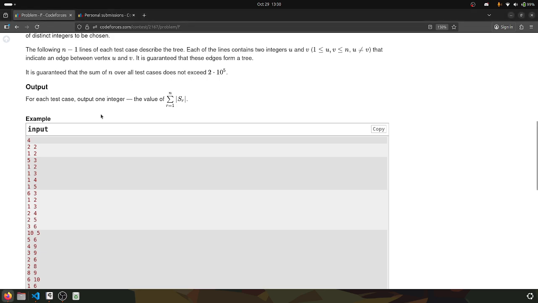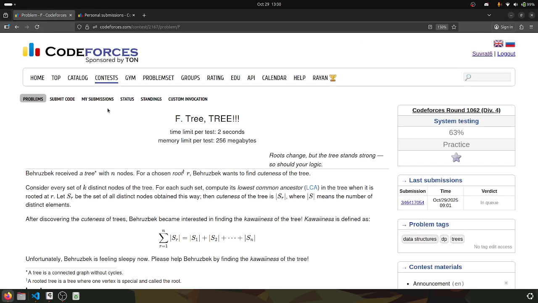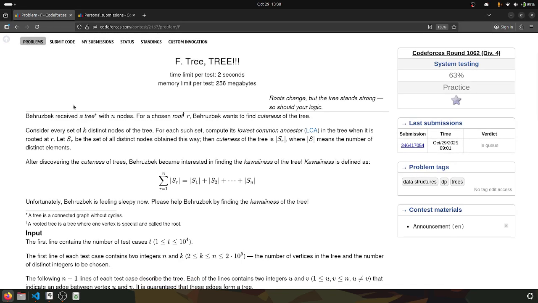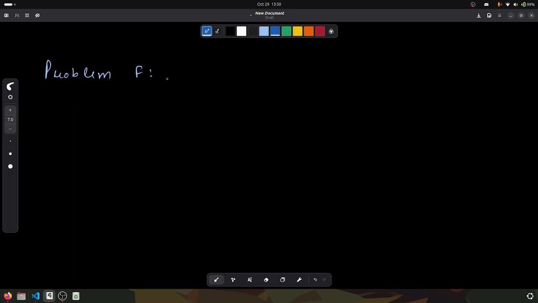Okay, so problem F. Basically, let's define the cuteness of tree S_R.